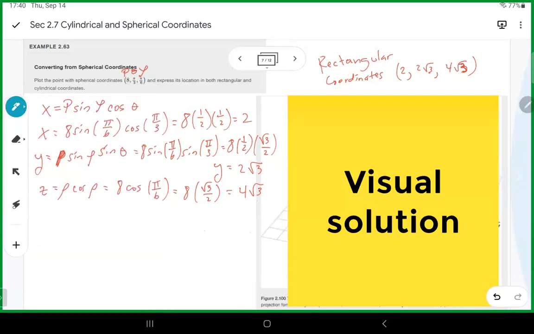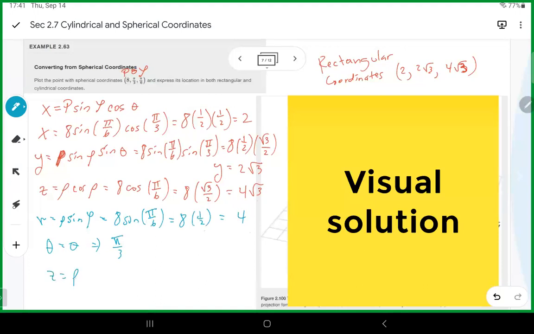The second thing they wanted us to find was the cylindrical coordinates. So that's given as r equals rho sine phi, which is 8 sine pi over 6, which is 8 times 1/2, which is 4. Theta is equal to theta, so that part's not going to change. It's just going to be pi over 3. And z we just did.